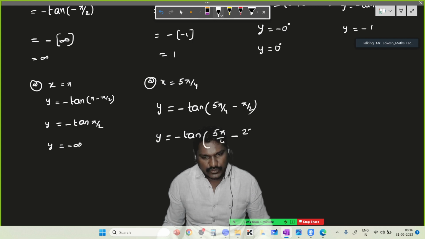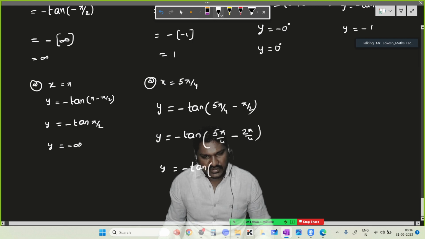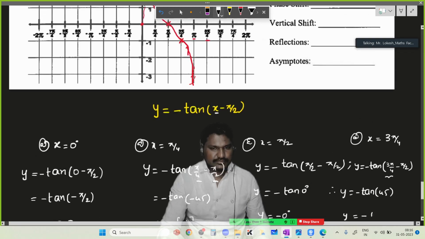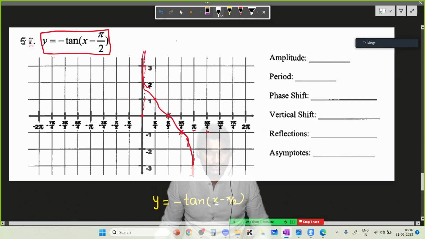I can write pi by 2 as 2 pi by 4, so which will become minus tan of 3 pi by 4, which is minus tan 135. And tan 135 is tan of 180 minus 45, so it will become minus 1. So minus of minus 1 will become 1. So at 5 pi by 4 again it starts at 1.